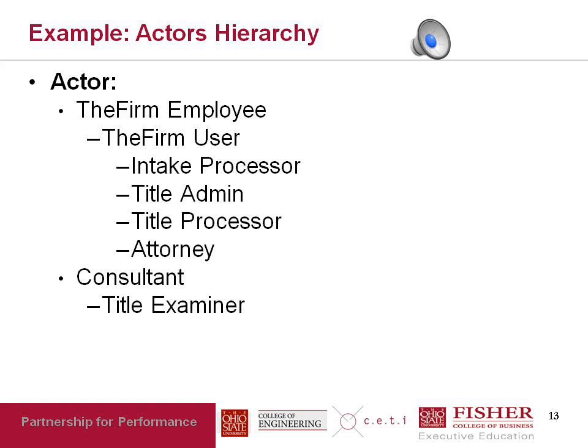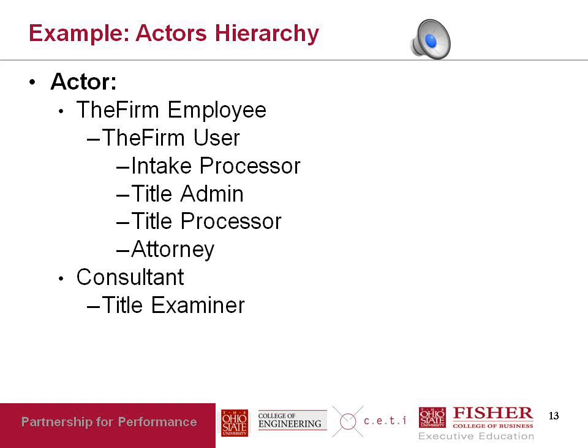And underneath that, there were the four prototypical users of the system. A user that played the role of what was known as an intake processor, a title administrator, a title processor, an attorney. And finally, there were users of the system outside the firm, and these were consultants. And one such prototypical consultant would be a title examiner.